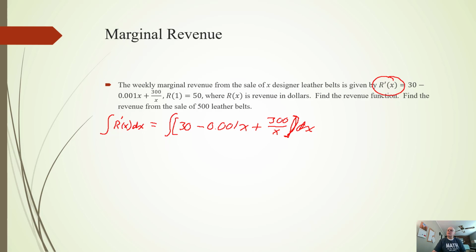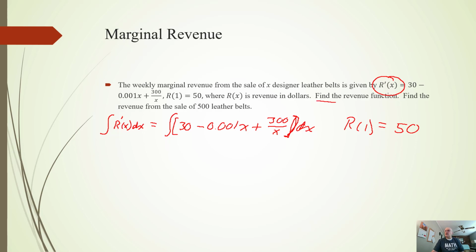Now we've got some other information for one week. Our marginal revenue is $50. In other words, one more belt, $50 more.